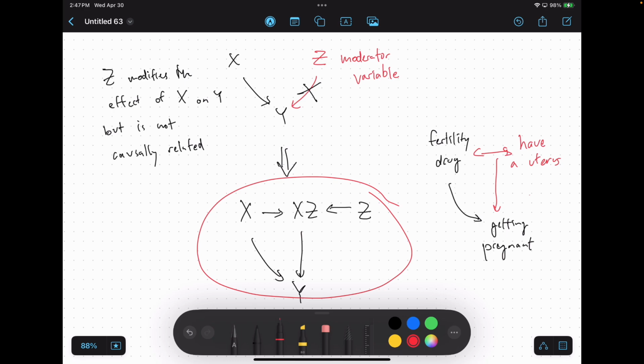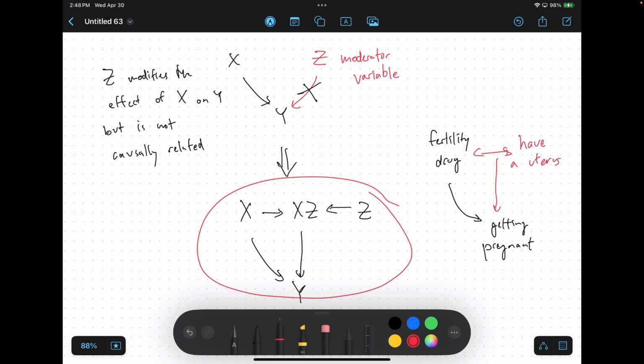So, I guess the idea, just to clarify, because I think I'm kind of botching this right now. If you're trying to get pregnant and you are taking the steps necessary to get pregnant, the fertility drug could be a thing that actually causes you to get pregnant, right?